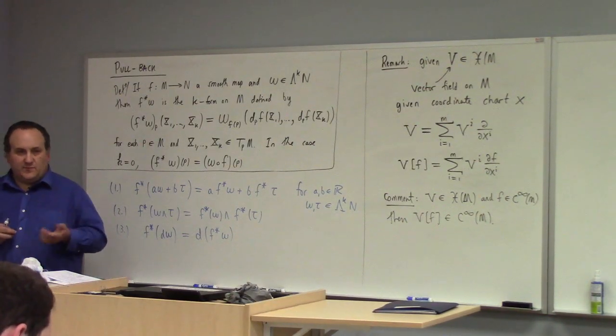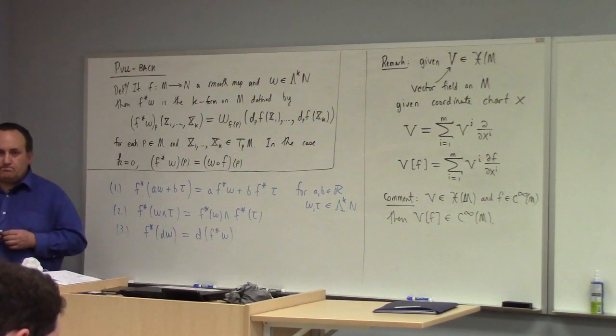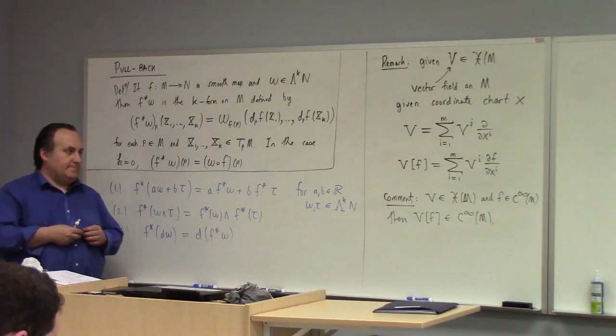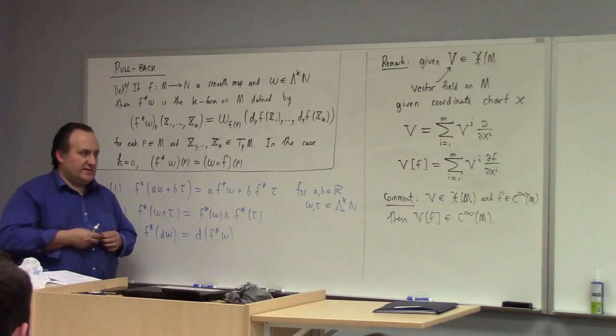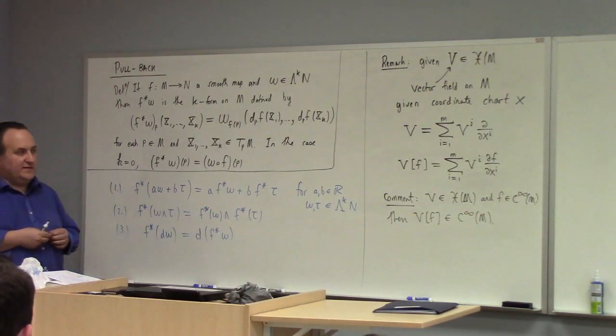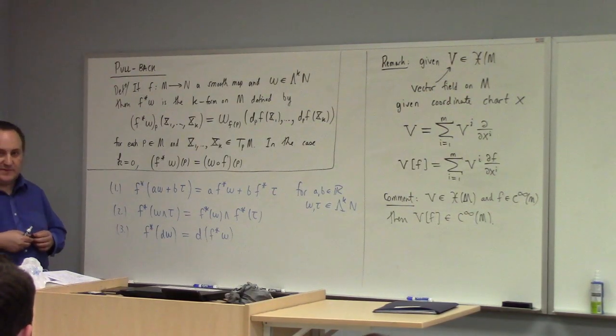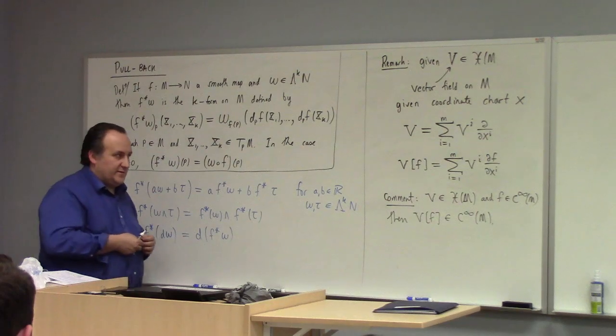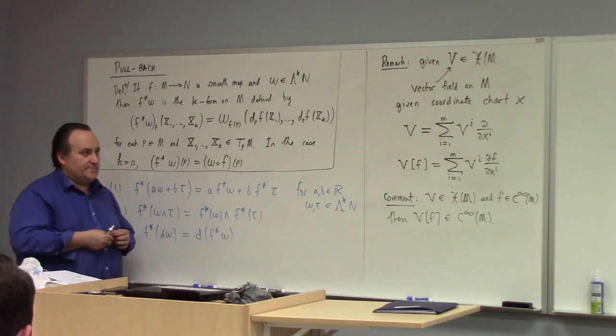This is one possible way to carefully define smoothness of a vector field. The other way has to do with building a chart structure on the tangent bundle and taking sections of that, and it turns out that's equivalent to this, but that is a lecture or two worth of material, so let's not do that.